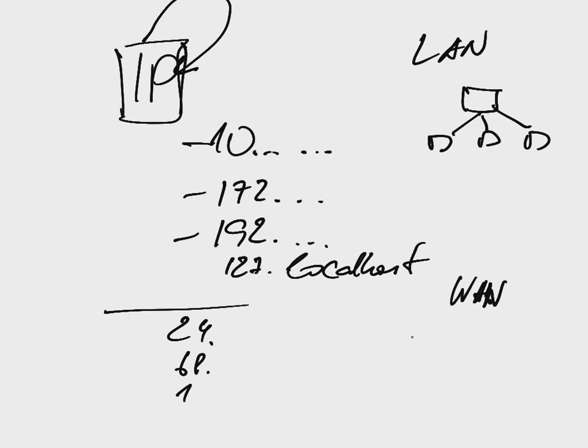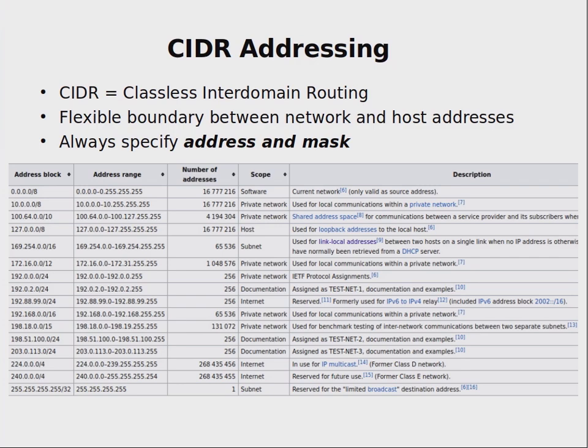But because of something called NAT, network address translation, and I will tell you later why it was introduced, now you can actually send data to the public network also using private address space, which is pretty bad because it adds complexity, but unfortunately that's how things work.